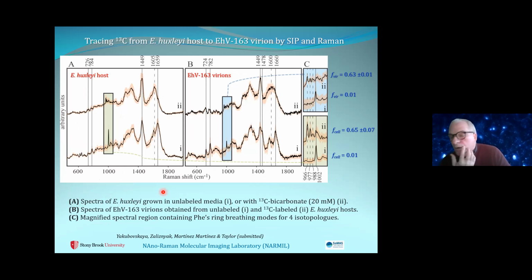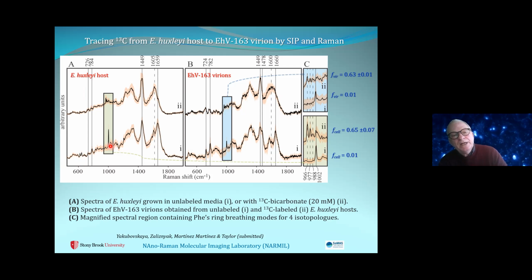Okay, so in one set of experiments, we raised E. huxleyi in both light carbon and heavy carbon. This is a spectrum from an individual E. huxleyi cell that we acquired in 20 seconds, I believe. And it shows the diagnostic peak for phenylalanine. Remember, I mentioned that a couple slides ago.